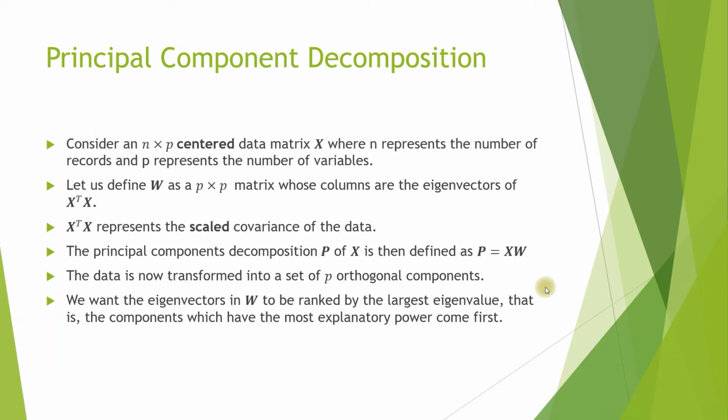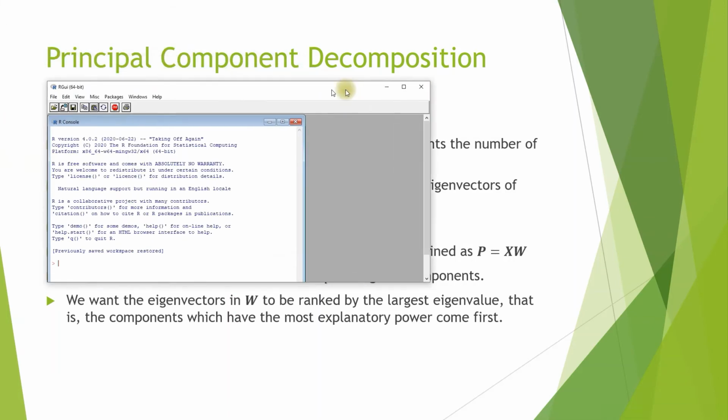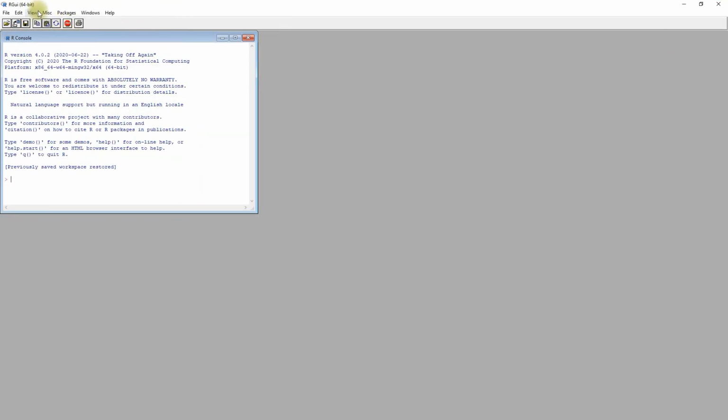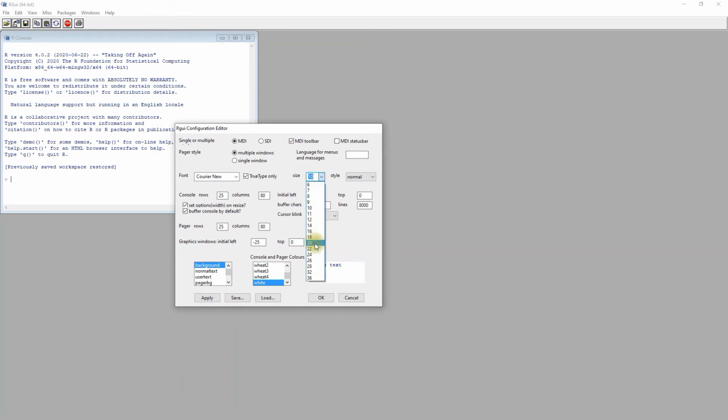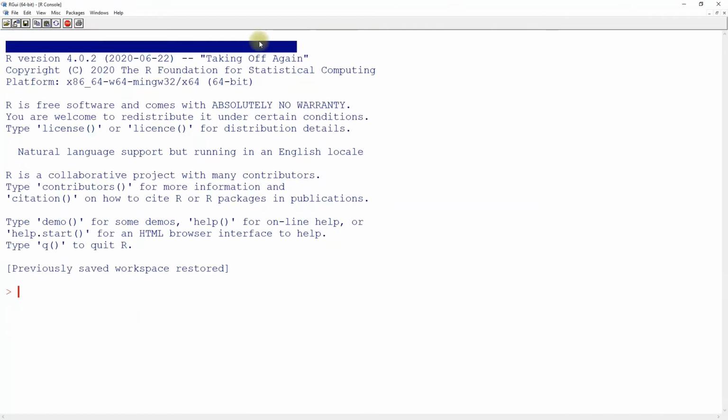So let's do that in R. We will also get to understand what is the concept of covariance here as well.